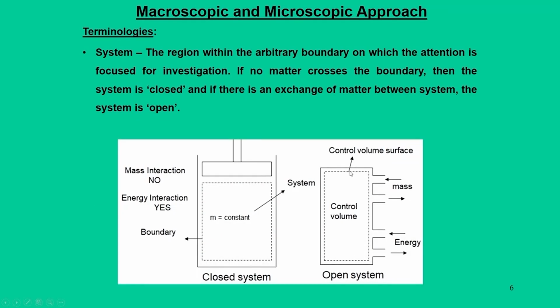Now, another topic of discussion in the basic thermodynamics course was that systems can be closed systems or open systems, or a third category, isolated systems. When you say closed systems, there is no mass interaction, but there is a possibility of energy interactions. So, it is a fixed mass system.